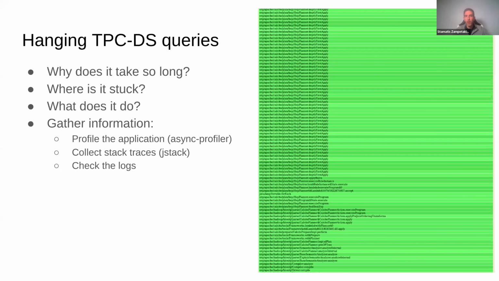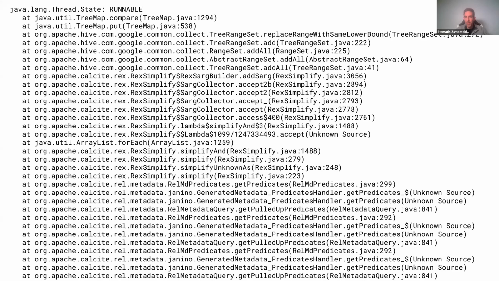Another quite instinctive reaction is to collect the stack traces, using jstack, for instance. This happens quite commonly in general problems when the server is hanging. People, or support people, are instructed to collect stack traces.